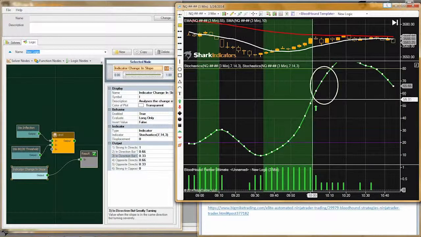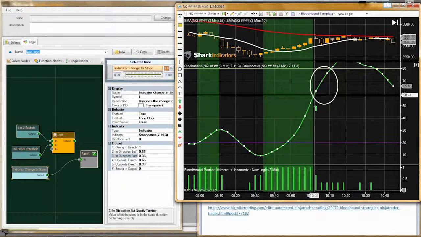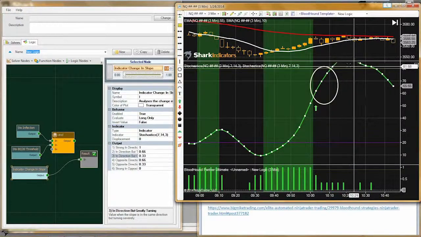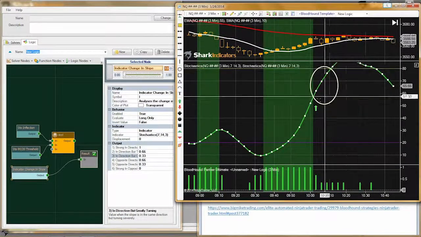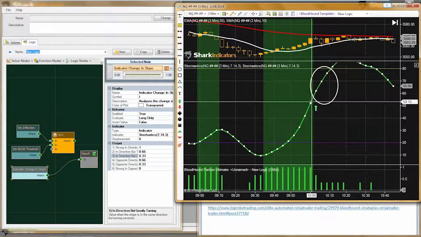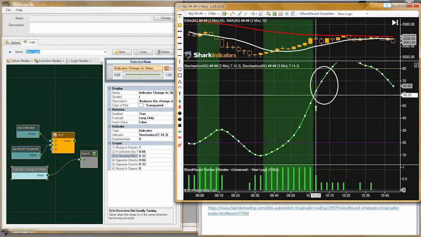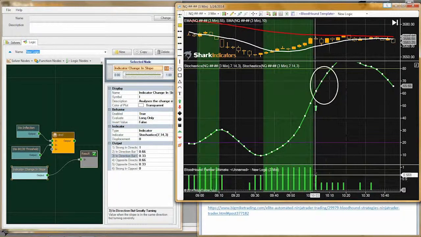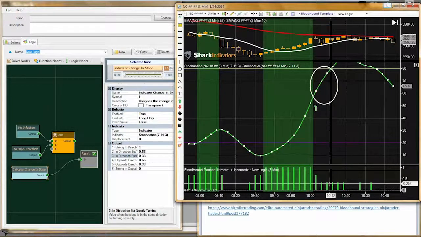The angle is beginning to fall off as the stochastic is beginning to round up and turn down. So the upslope of the angle is not rising as steeply, and we can see that the output from the solver is beginning to taper off as well.